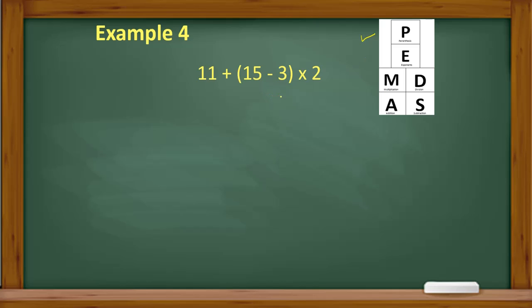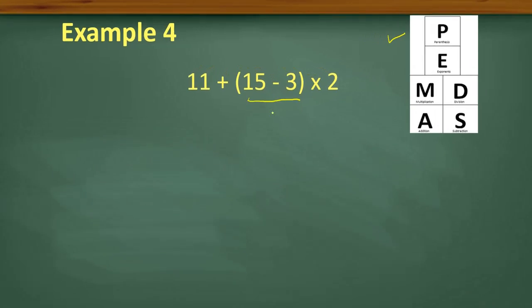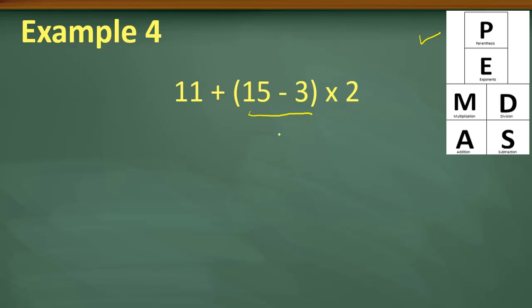Do we have numbers with parentheses? Yes, we have 15 minus 3. So 15 minus 3 is equals to 12. Then we bring down the rest. And times 2.